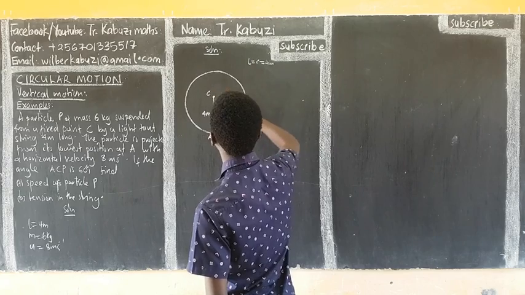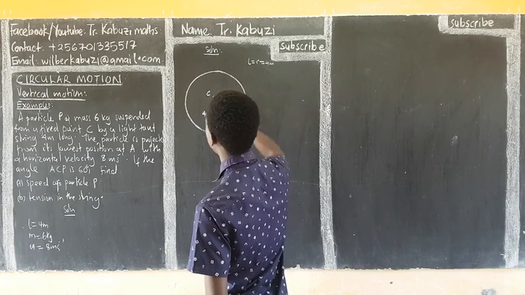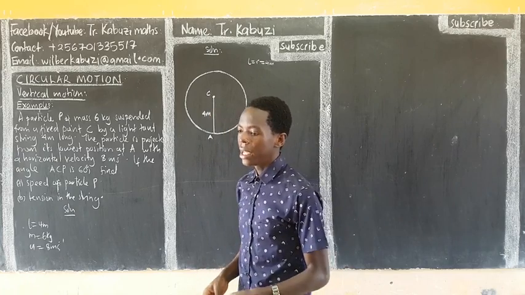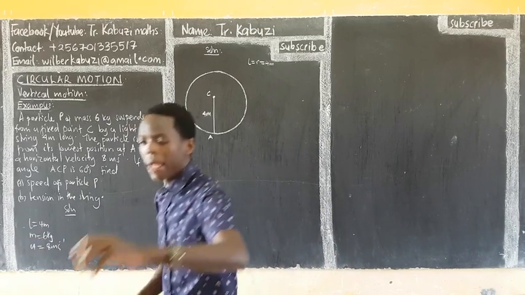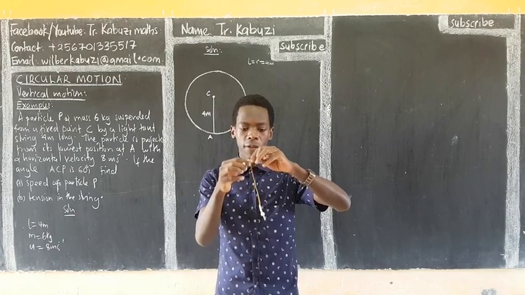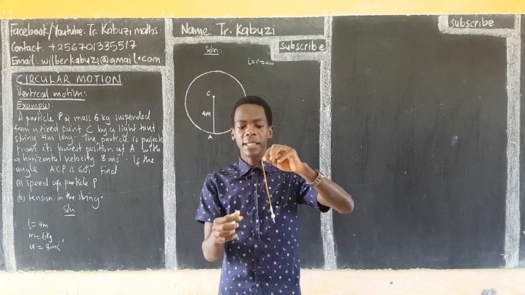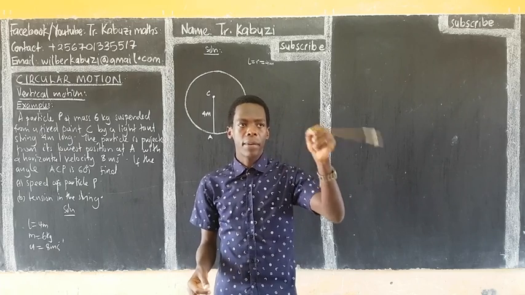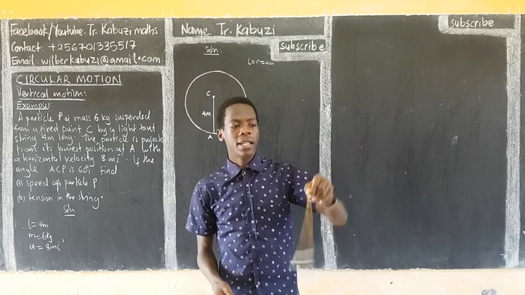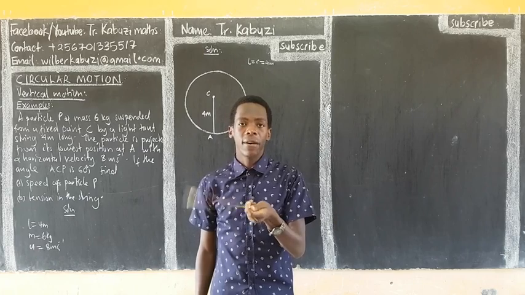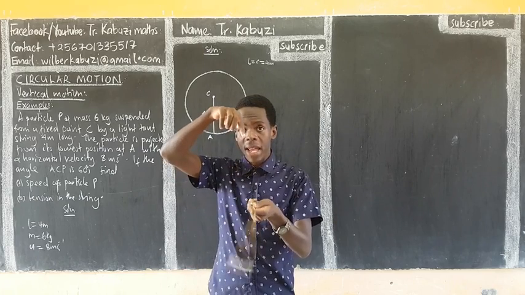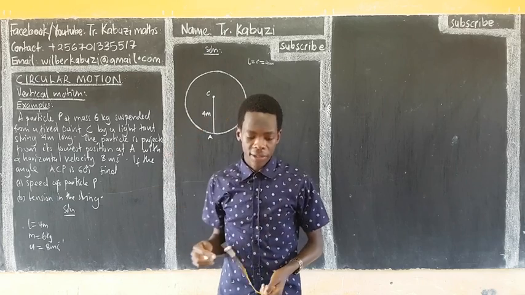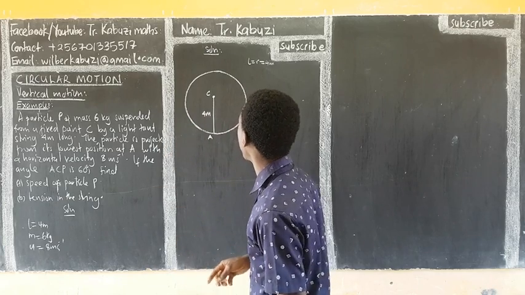So if you project a particle like this, and this is the string, it's going to be its radius in actual sense. From here up to here is the length of the string. So when I'm projecting it like this, the circle I'm going to form, the length of the string is going to be the radius of that circle being formed. So that's the idea we have there.